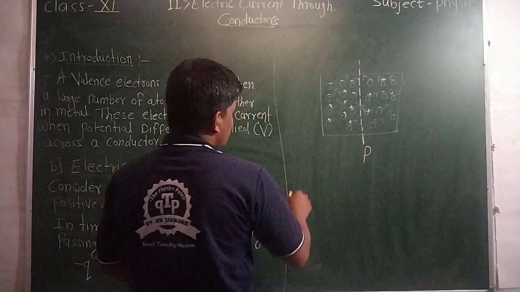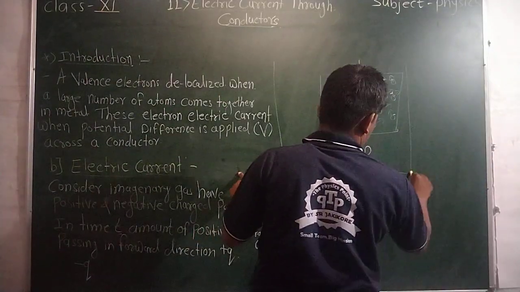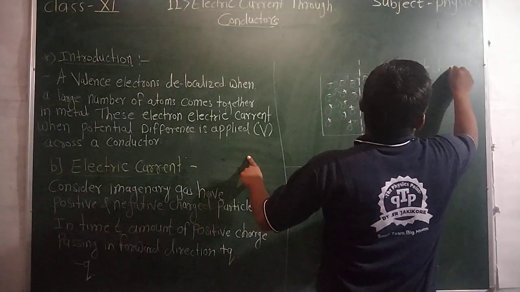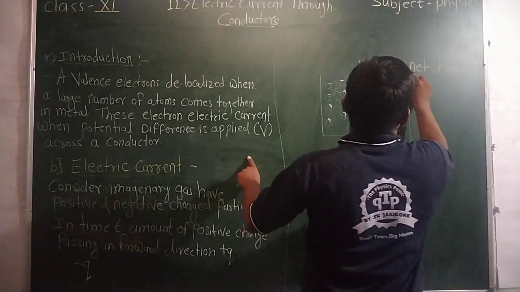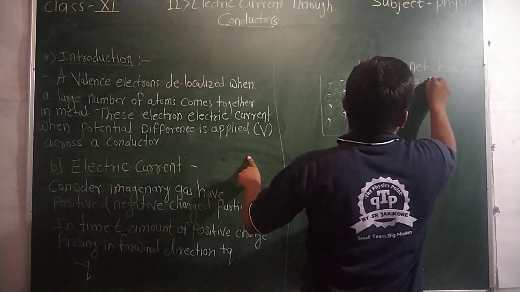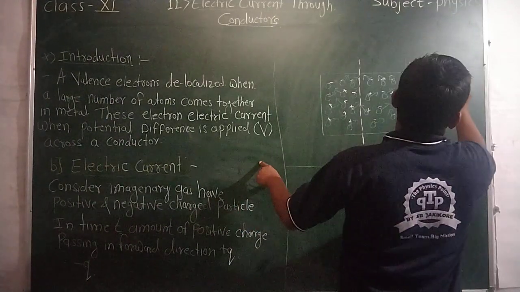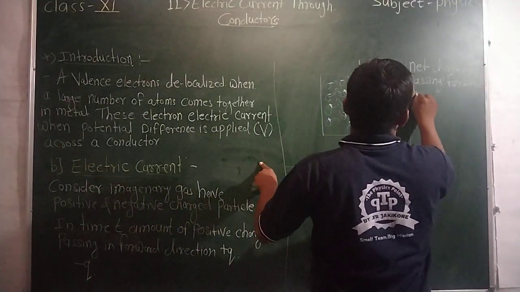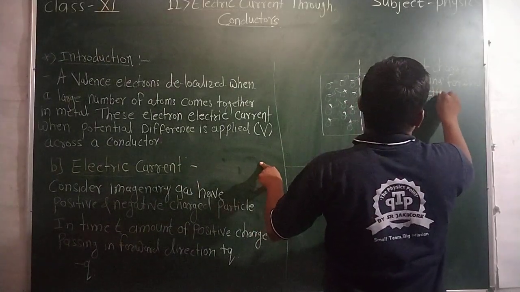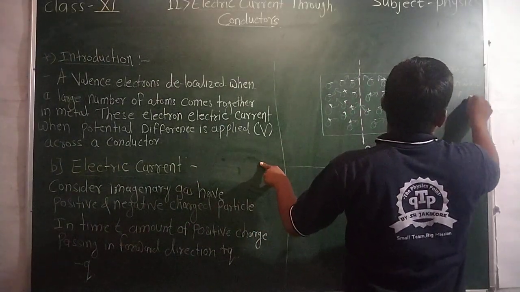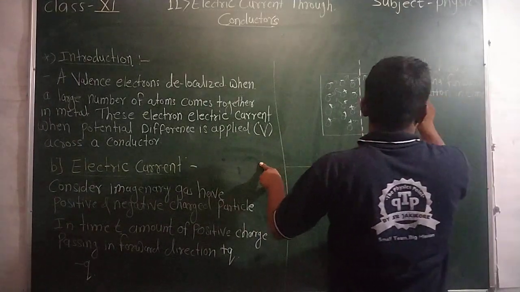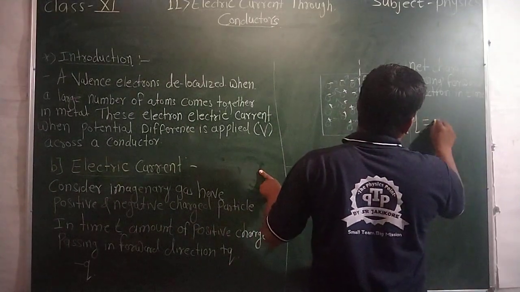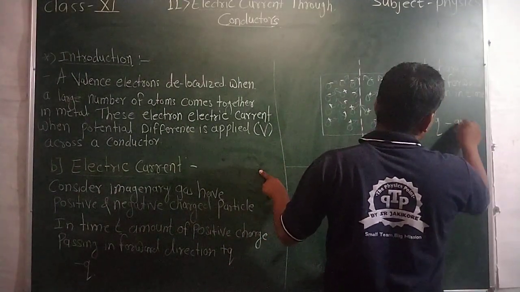And now we discuss the net charge passing through. The net charge passing in the forward direction in time t is called the net charge q, which is equal to plus q minus q.